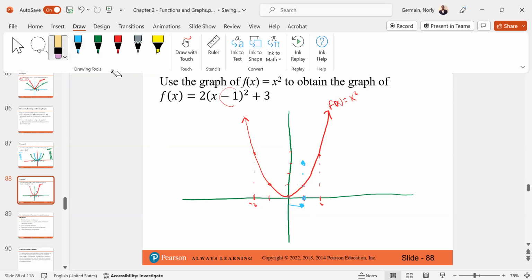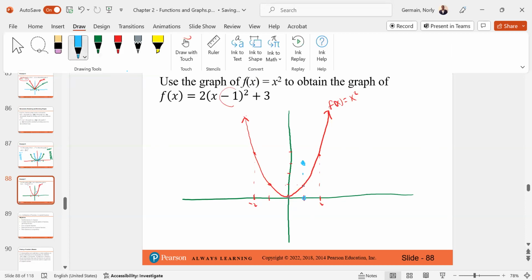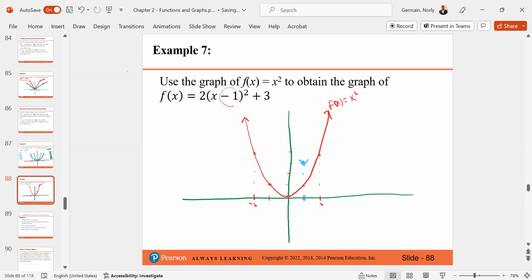The vertex means the turning point. From there, I know my graph would turn. The turning point is right there. All I need to do is find 2 more points. Suppose x equals 0.